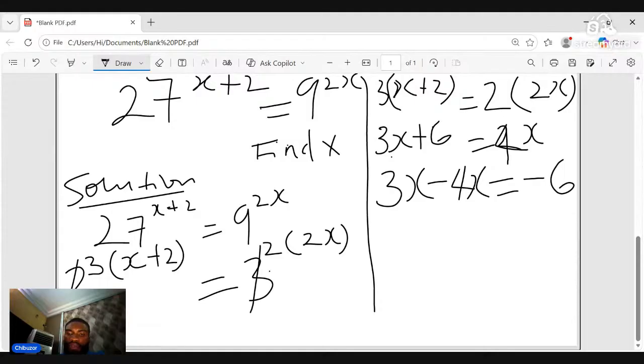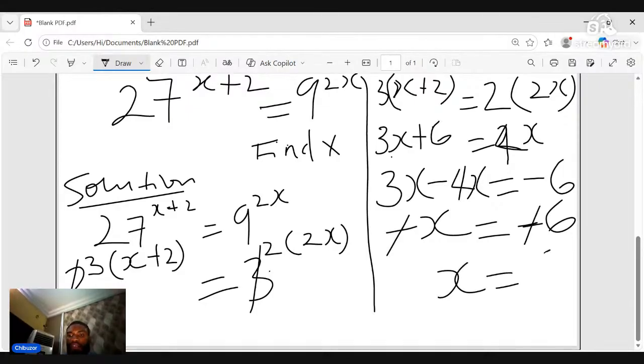So 3x minus 4x is equal to what? Minus x, that is minus 1x. But since we cannot write 1x, we remove the 1. So we say minus x equals minus 6. Minus will cancel out minus, and we have x is equal to 6.